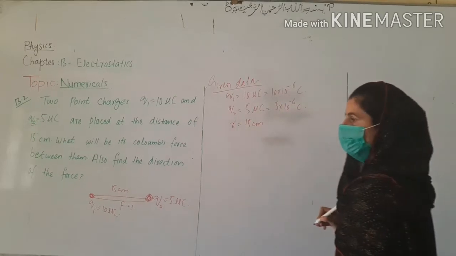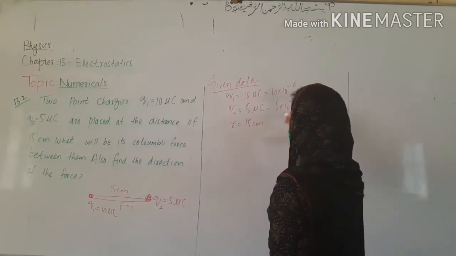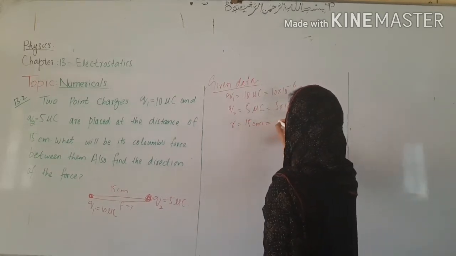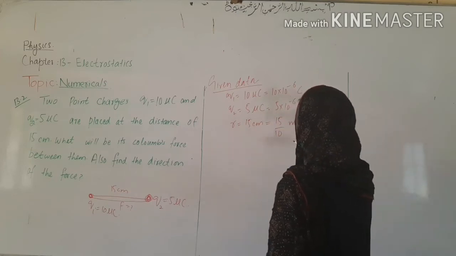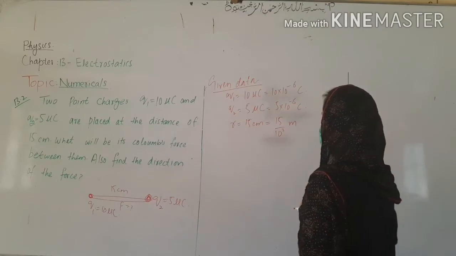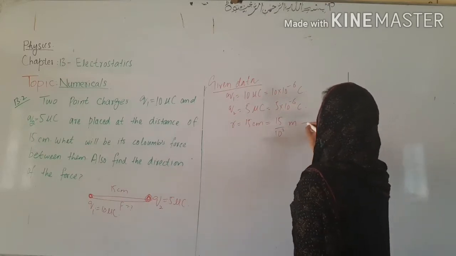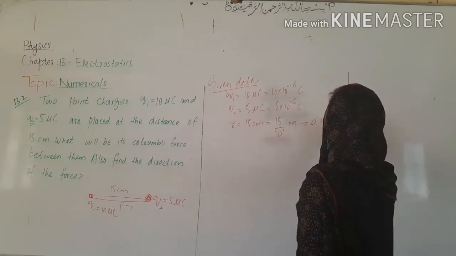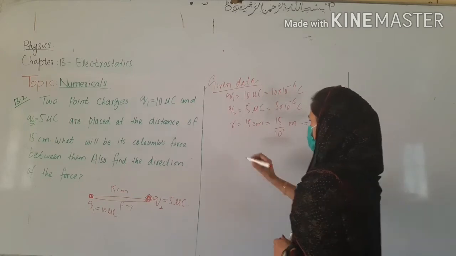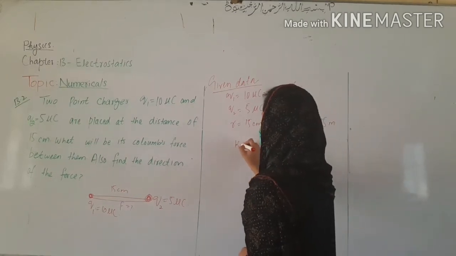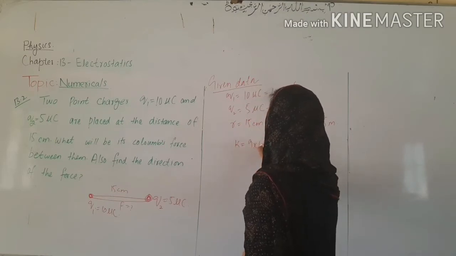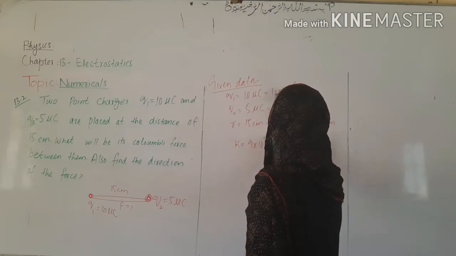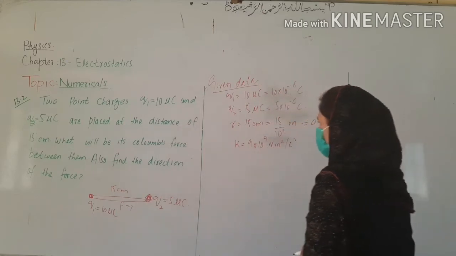The centimeter prefix is used, so we have to convert it into the standard form, that is 15 divided by 10 to the power 2 meters. Now the value of k, that is the constant, as you have studied in Coulomb's law, that value is 9 multiplied by 10 to the power 9 newton meter square per coulomb square.